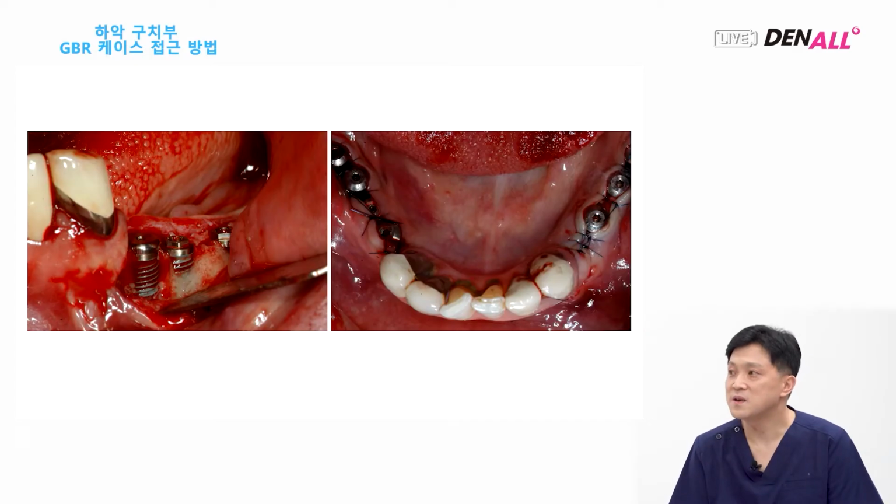If the horizontal bone is deficient, but the vertical available bone is sufficient, the most frequently used conventional GBR can be used. However, if certain conditions are met, other approaches can be used as well.